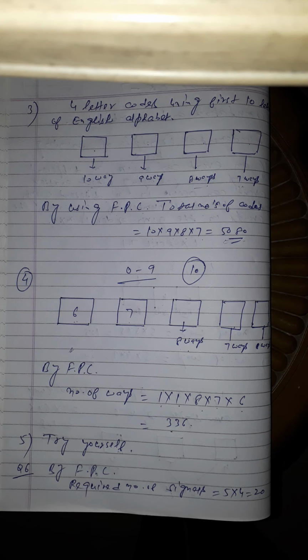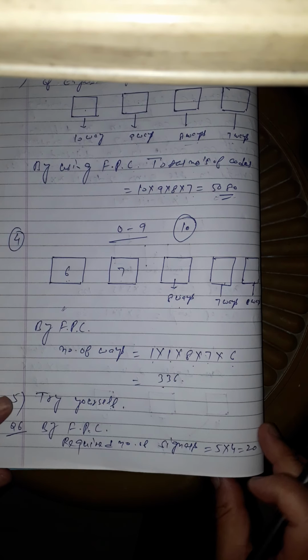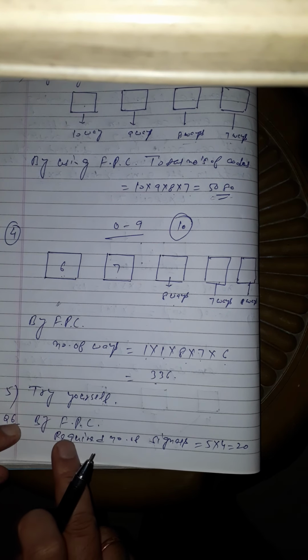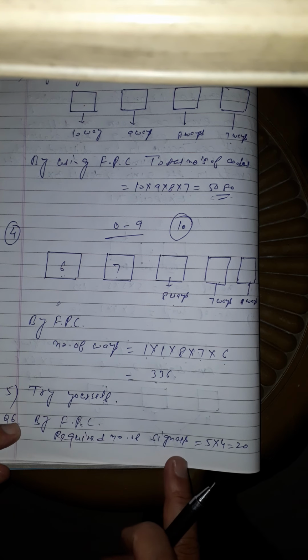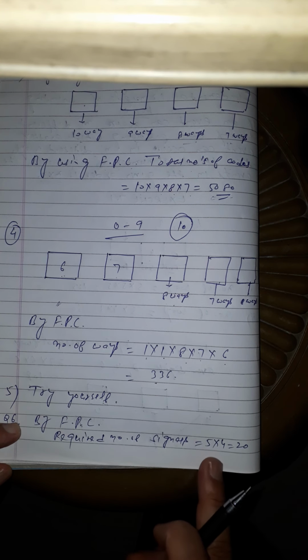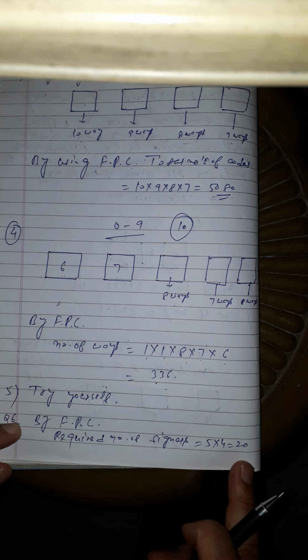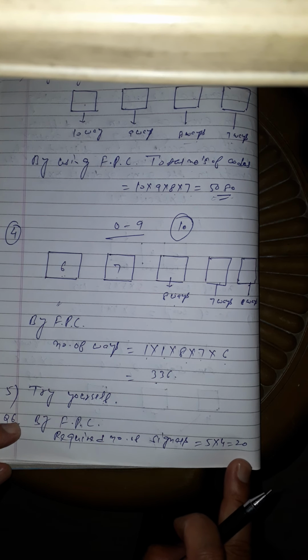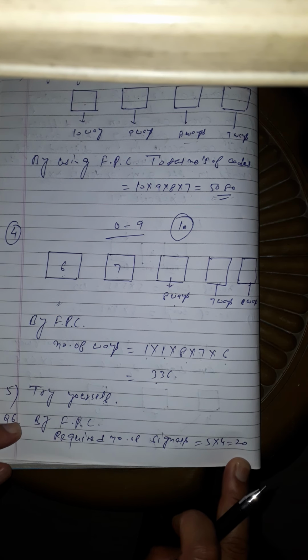First flag we can use in 5 ways. After that the lower flag can be selected from the remaining 4 flags in 4 different ways. Therefore by using the FPC, the required number of signals that can be formed will come as equal to 5 into 4, that is equal to 20 here students, and 20 will be your answer of this question.